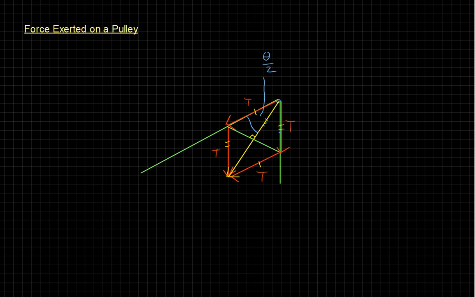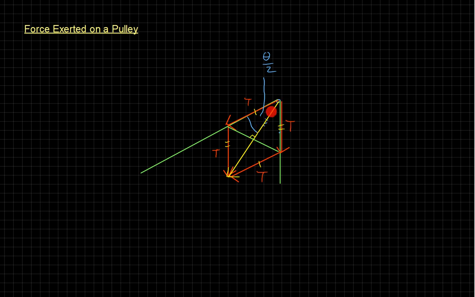If that's theta over 2, and this is t, what's the length of this bit of the yellow line? Just this bit there. It's going to be t times cos of theta over 2. Just to be clear, I'm talking about this bit here, going from here all the way along to there.